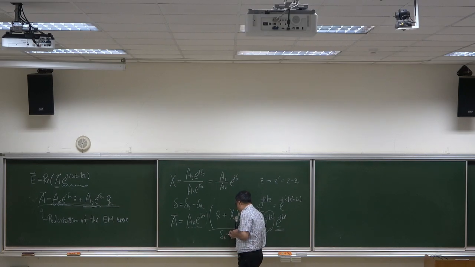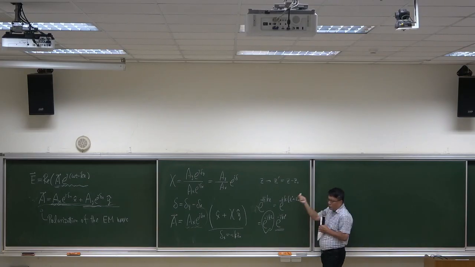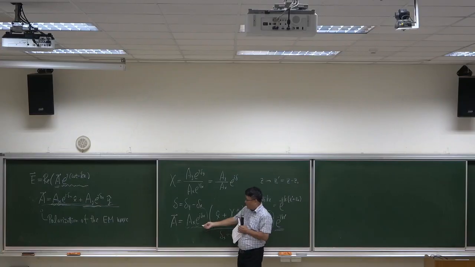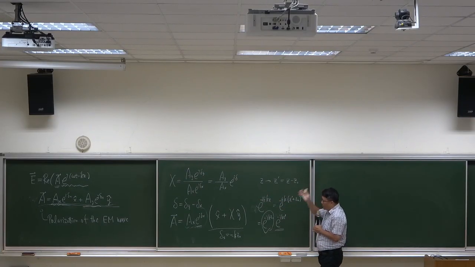So you can just treat delta_x as something like this. You can change your coordinate origin, so you can change the value of delta_x. So delta_x is not important in representing the polarization state.